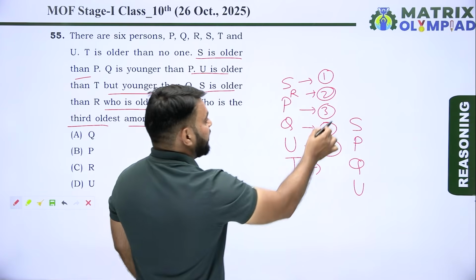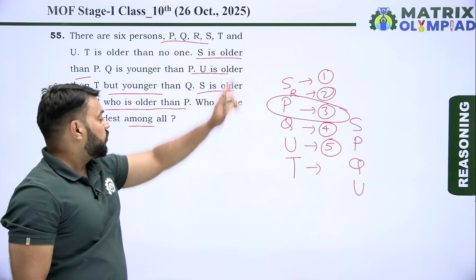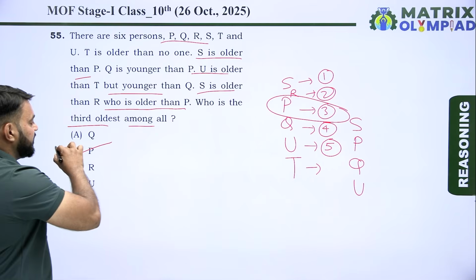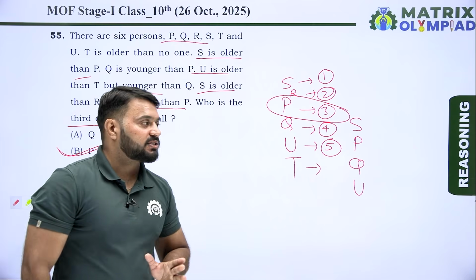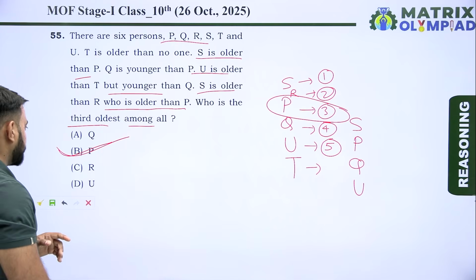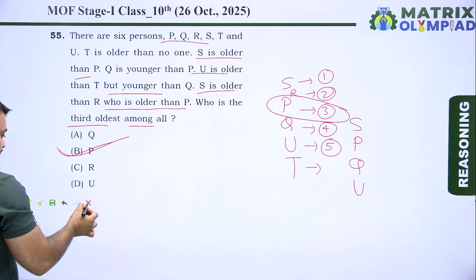So P is the third oldest among them. So here option B is the correct answer because P is the third oldest among them. इन सब में से P third oldest होगा.